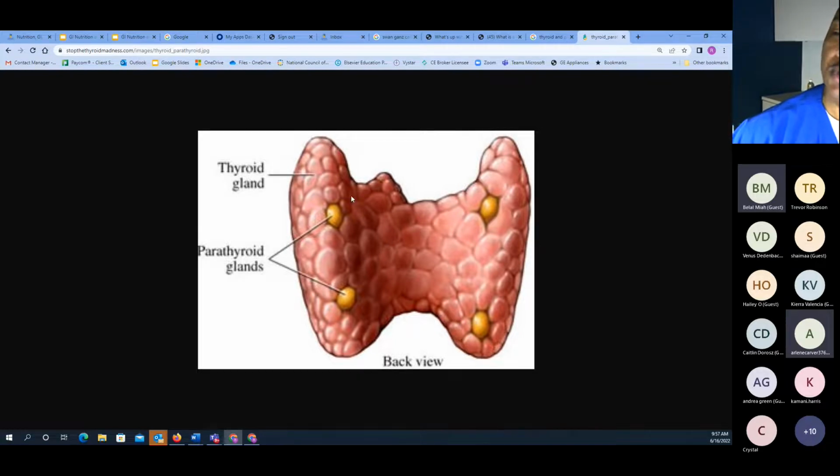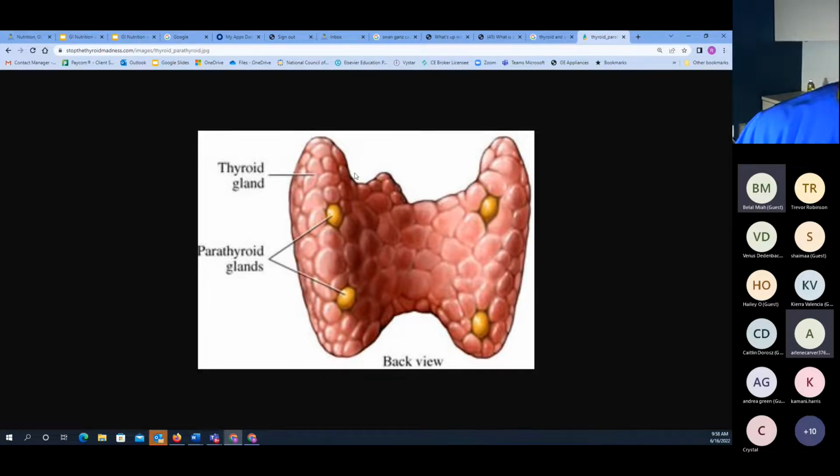And so the parathyroid gland sits right in the back, posterior to the thyroid gland. If you remove the thyroid gland because of hyperthyroidism, then you'll likely remove the parathyroid glands as well.